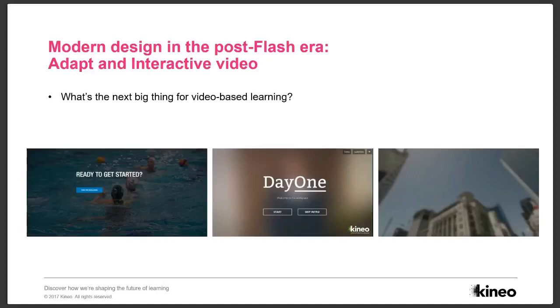It could range from clicking on hotspots while the video is playing, or showing users branching scenarios where, depending upon what the user has chosen, they will see a different video, or one video could be linked with another video depending upon what the user has chosen.